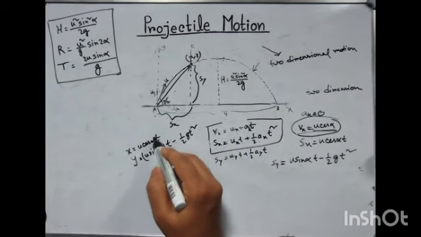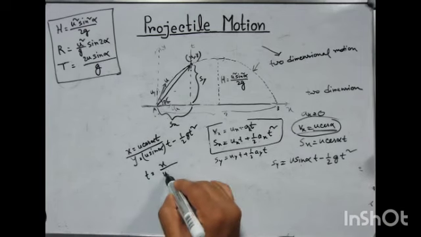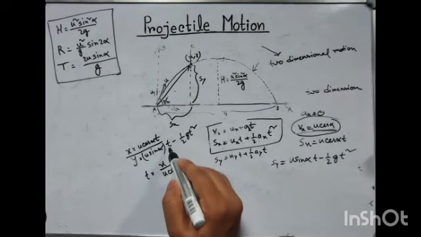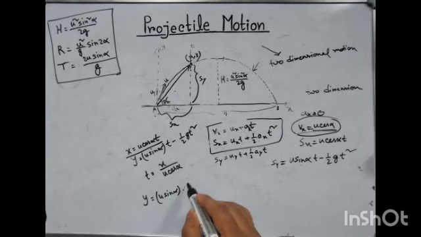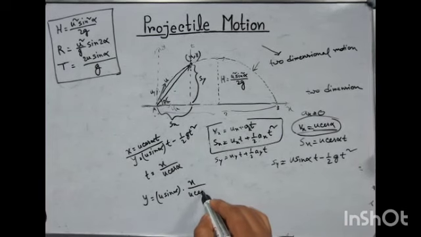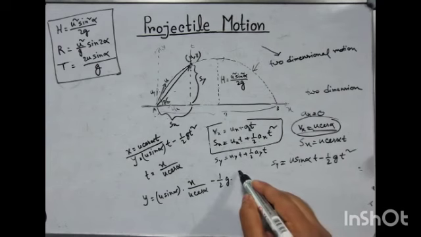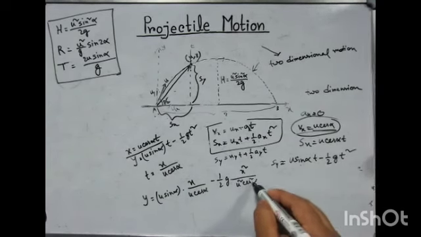From the first equation you can find the value of t, that is x by u cos alpha, and you can put that value of t in the second equation, then you will get y equal to u sin alpha into x by u cos alpha minus half g into x square by u square cos square alpha.